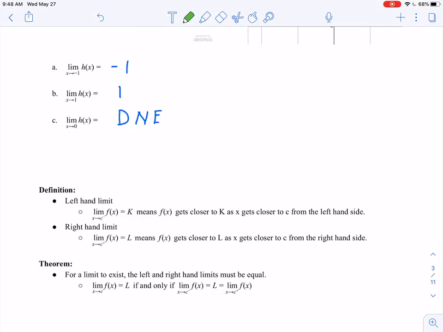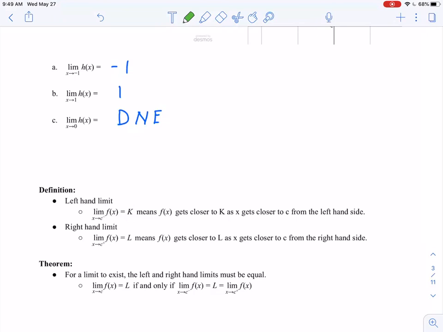So the limit of f of x as x approaches c from the left is equal to k means that f of x gets closer to k as x gets closer to c from just the left-hand side. So we're just kind of looking at one of our arrows rather than two. We're just looking at approaching that x value from the left-hand side.